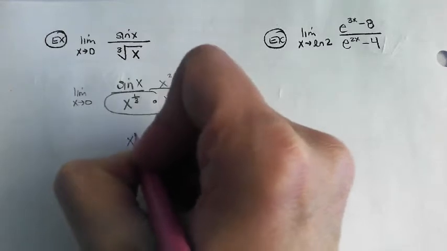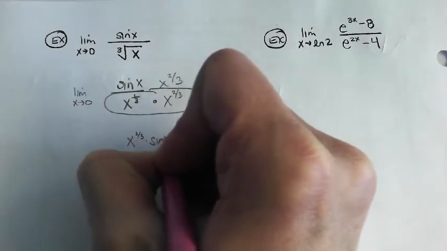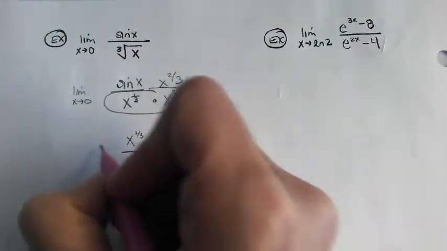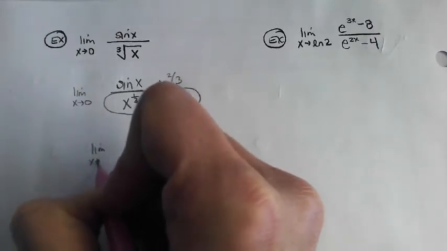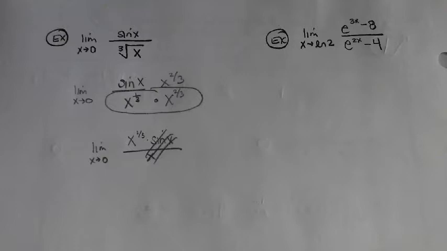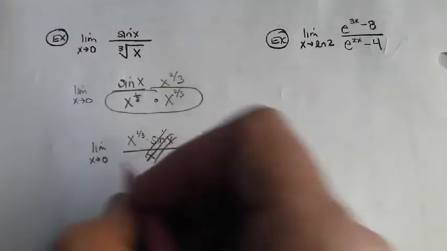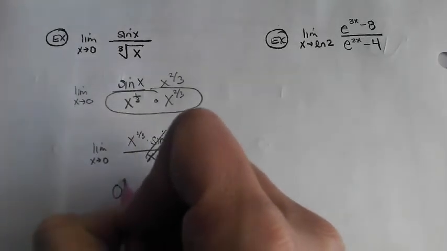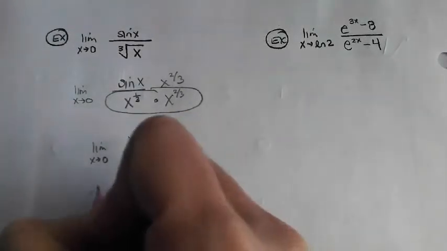So now it's x to the 2/3 times sine of x up top all over x. And your sine of x over x cancels, or it doesn't, I shouldn't be saying cancel. I should be saying that the limit of that portion as x approaches 0 is 1. And then we can evaluate 0 to the 2/3 power is 0.